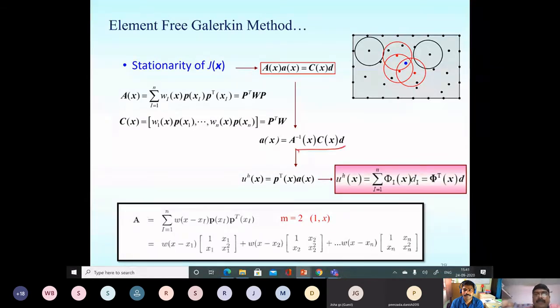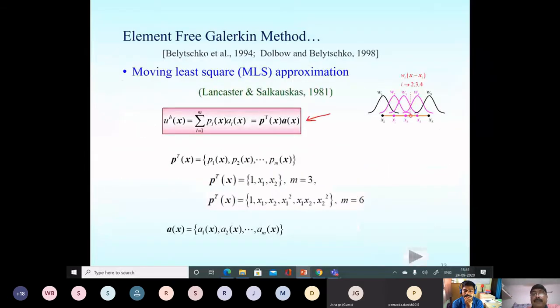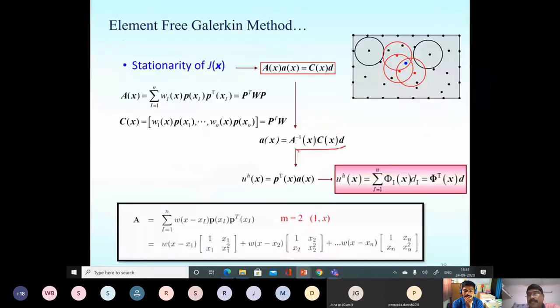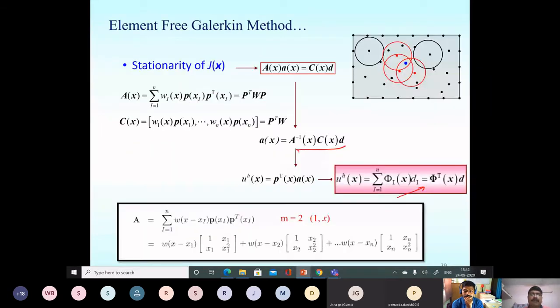You just substitute back into my original P transpose A of x, and you will get the shape function. So finally your approximation can be written as phi transpose of x into d, where phi is nothing but P transpose A inverse C.